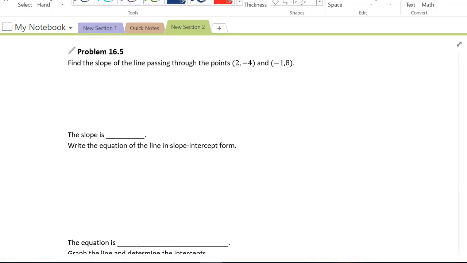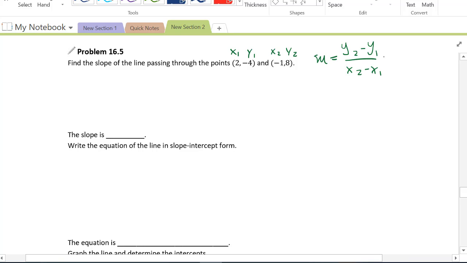So same situation here. First, you want to find the slope. Call this guy x1, y1. Call this guy x2, y2. Okay, let's find the slope. So the slope here, again, write down all the formulas. That's how you memorize them.